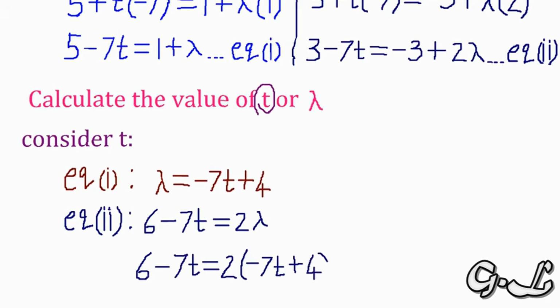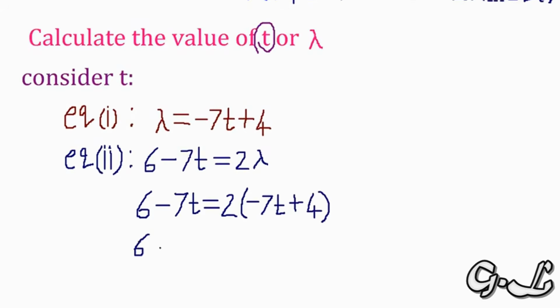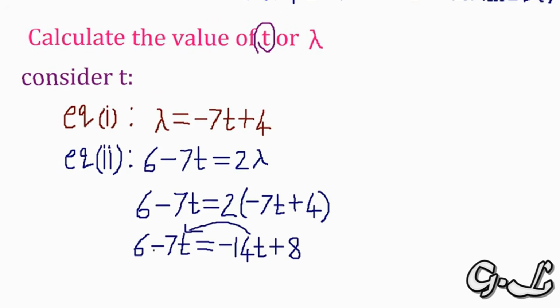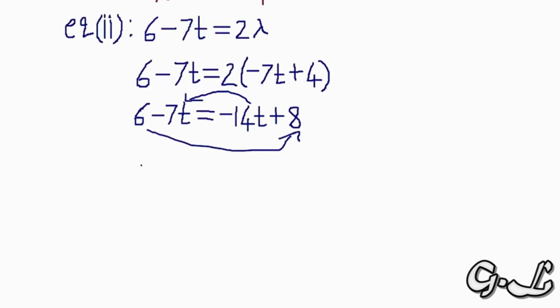So you're going to consider the simplification and the evaluation. 2 multiplied by negative 7t is going to give you negative 14t, and then 2 times 4 is going to give you 8, so it is going to be plus 8. Again, you're going to collect the like terms.